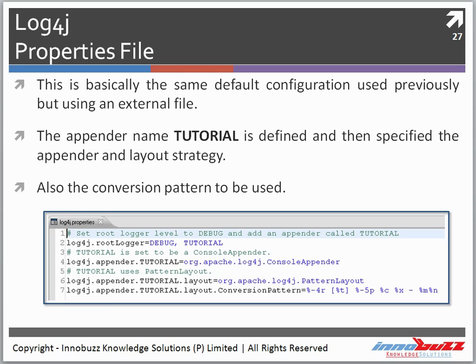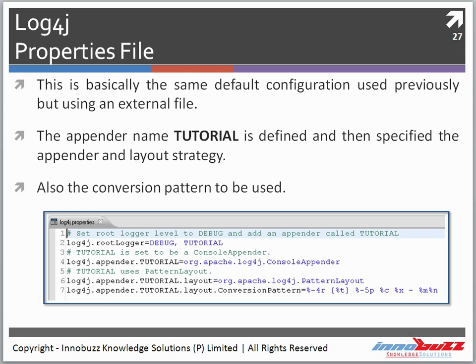In this case, we're adding the number of milliseconds elapsed since the start of the application with the r character. Then, the t character to output the name of the thread that generated the logging event. Then, the p character to output the priority or level of the logging event.